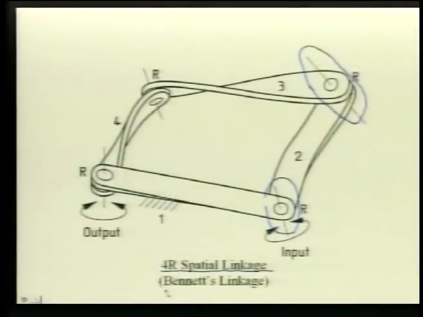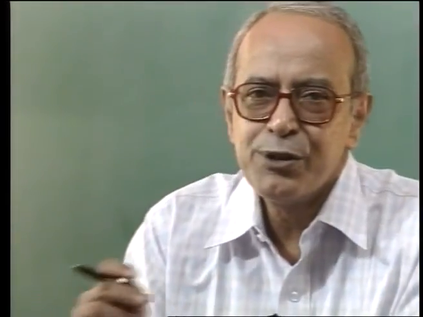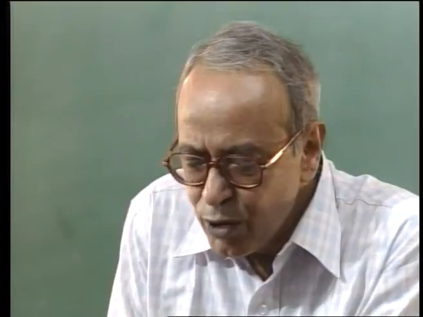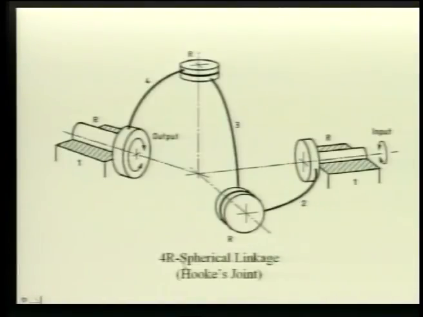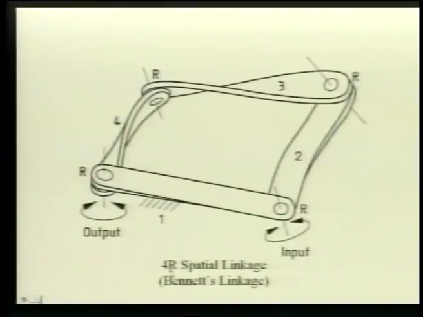This linkage has a name, it is called a Bennett's linkage. It should be mentioned that unlike in a 4R planar linkage or in a 4R spherical linkage, in this 4R spatial linkage there can be relative motion only for some specific dimensions.